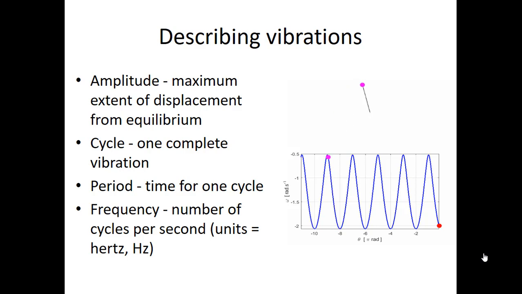And the frequency is the number of cycles per second. So the frequency of the hour hand of the clock would be 1 over an hour, or 1 over 3,600 seconds. The frequency of the second hand of the clock is 1 over 60 seconds, and that's measured in hertz. So cycles per second, that's known as a hertz.